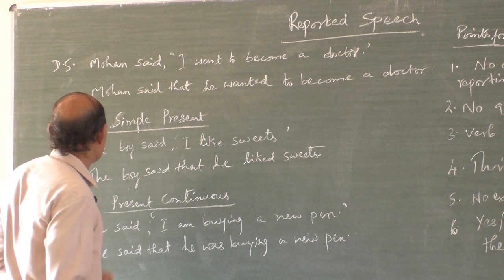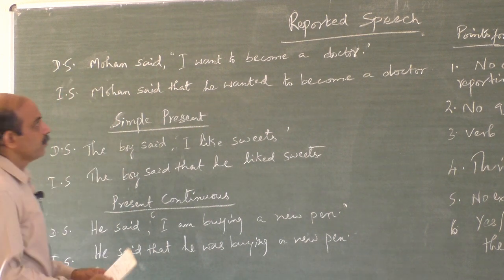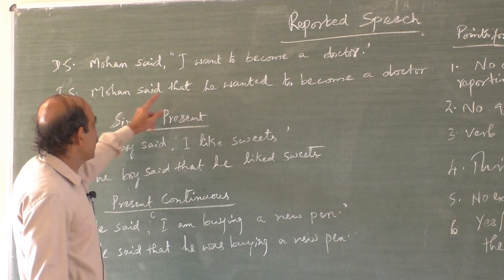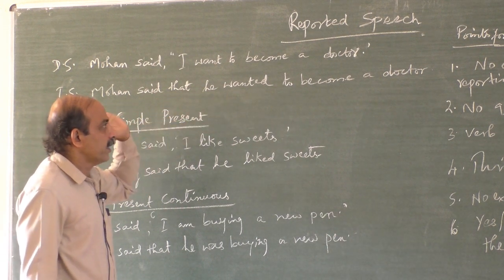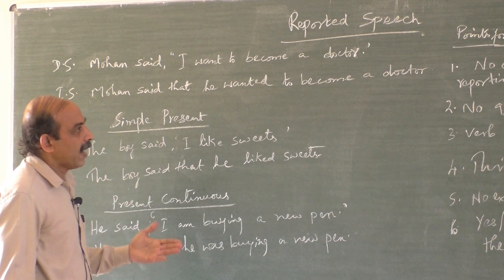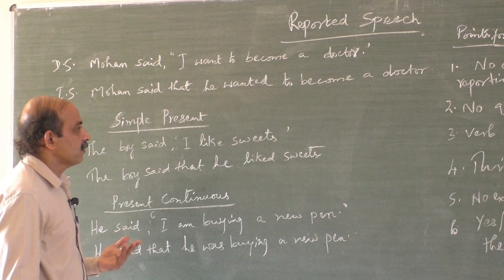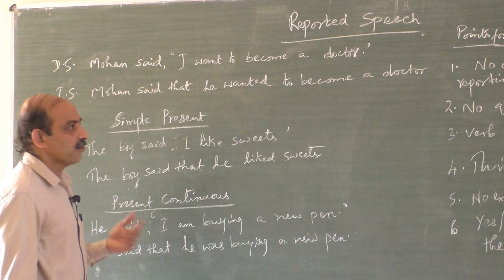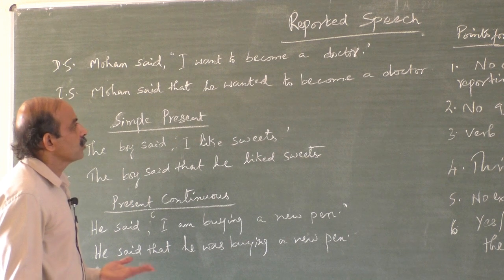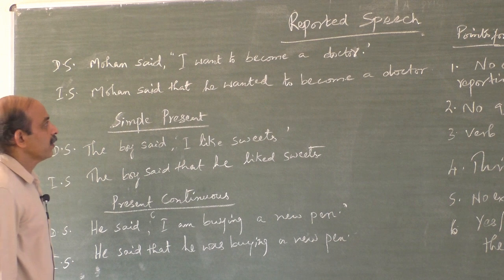Now look at the second, indirect speech. The same has been reported, and it is also called indirect speech. Mohan said that he wanted to become a doctor. Naturally, you already had the knowledge of reported speech in classes 8th, 9th and 10th, and in the second PU once again you are refreshing what you have learnt, and more sophisticated pieces of knowledge have been given here.